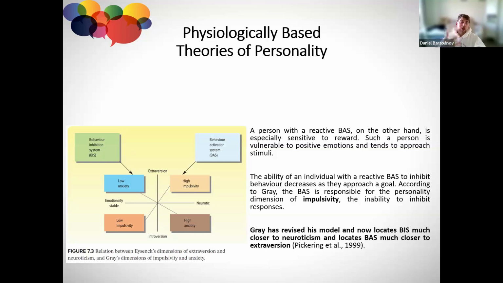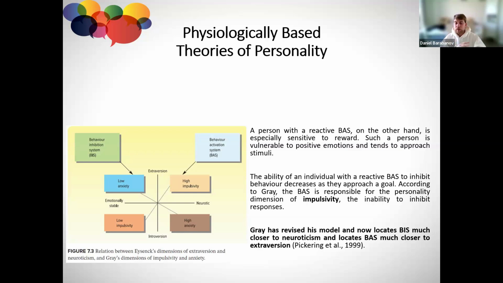Later studies conducted by Gray and his colleagues showed that this initial model probably looks a bit different. So he started to think that the behavioral inhibition system, which he initially supposed is connected to anxiety, is actually much closer to the initial dimension of emotional stability and neuroticism, while his impulsivity axis is closer to the extroversion-introversion axis.